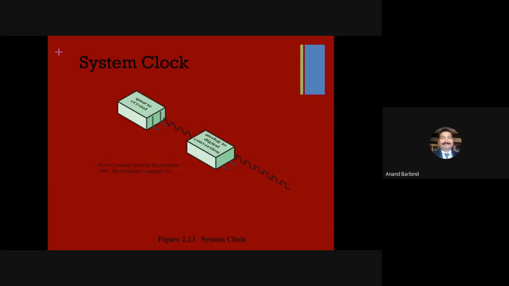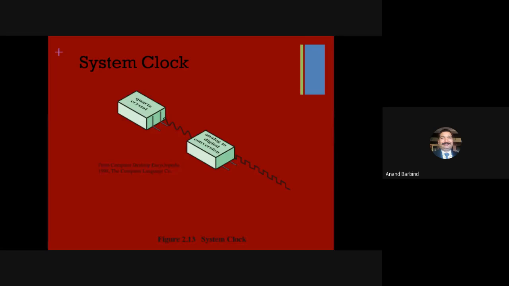The system clock for those processors was in megahertz, but nowadays processors are coming whose frequency is in gigahertz. So it is clear that current-day processors are faster than their earlier counterparts.